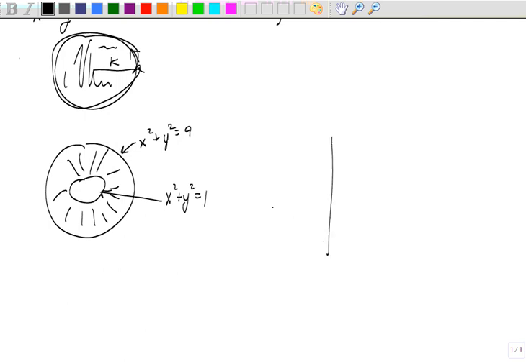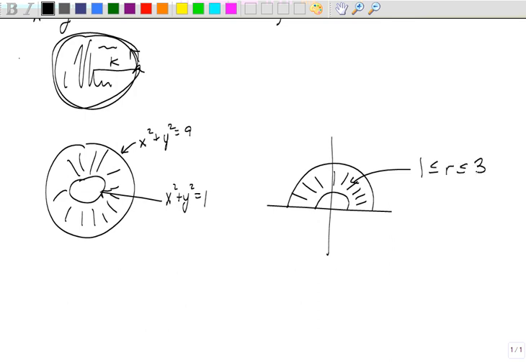Well, if we just want the part above the x-axis, we can say r is between 1 and 3, because the radius of the larger one is 3 and the radius of the smaller one is 1. And theta is between 0 and pi, and that gives us this whole first and second quadrant. So that would be the equations in polar coordinates for that half of a donut.